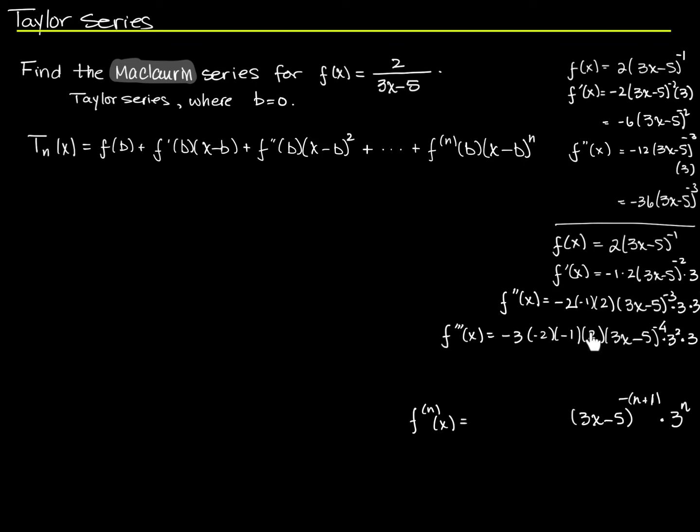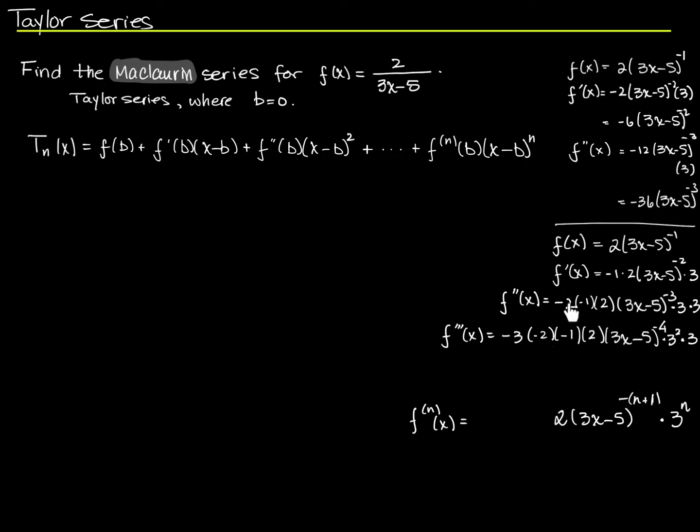What goes in front is, first of all, notice there's always a 2, and just a 2. It's not raised to any power, and it doesn't appear more than one time, just a 2. The other thing, though, is that there's always some other number. There's no other number here, but there's a negative 1 here, and then there's a negative 1 and a negative 2 in this one. In the next one, there's a negative 1, a negative 2, and a negative 3.